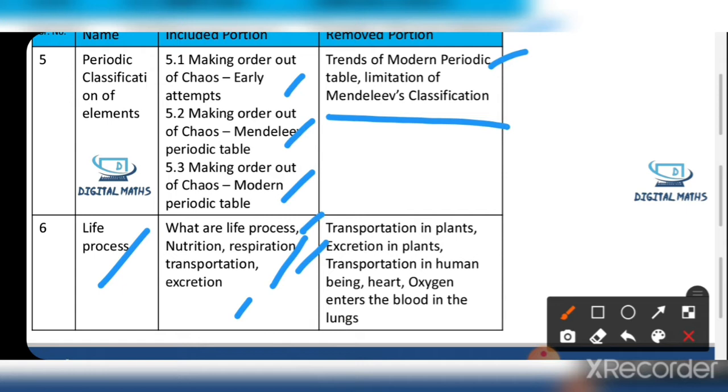Transportation in plants, excretion in plants, transportation in human beings, the heart, oxygen enters the blood through the lungs. The human heart is a very important topic. Every year many questions are asked from here, but this year it is removed from your syllabus. It is very sad news, or maybe glad news also. What do you think? I don't know.